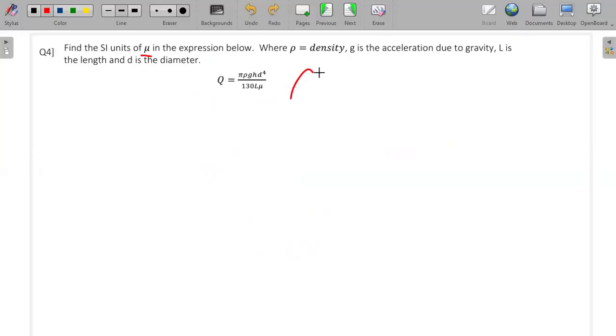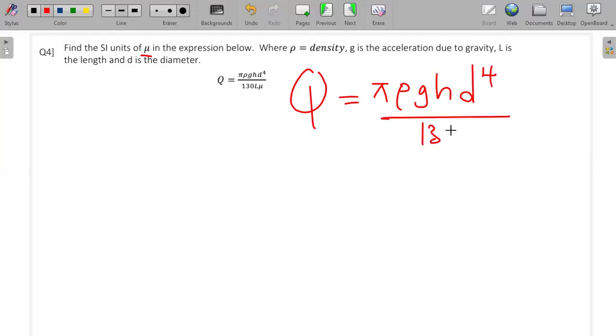If you can't see, this is Q is equals to pi, and then there's a symbol like a P, which represents density, and then G H D to the power 4 divided by 130 L and then mu. Okay, so this is the expression that we've been given, and they're saying we should find the units for mu. So we're finding the units for this guy here.